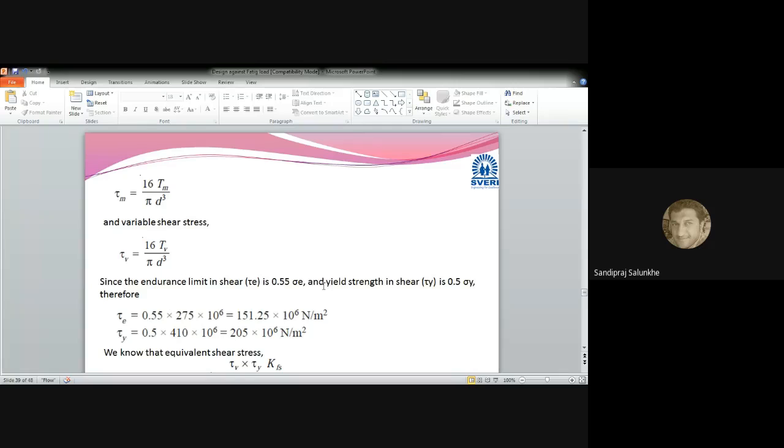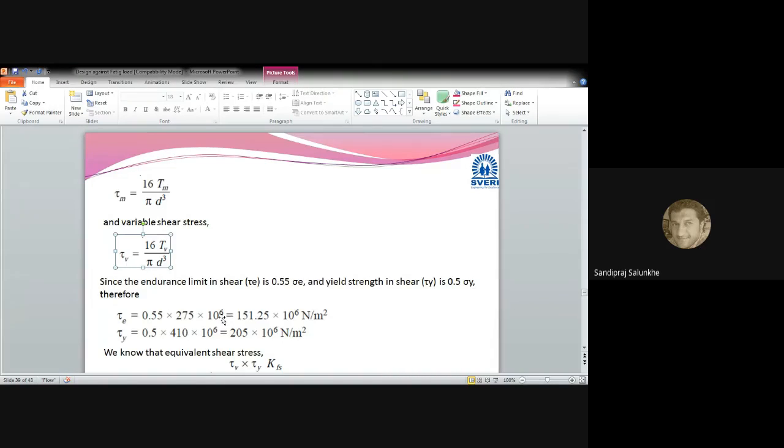Okay, sufficient answers we have got for the T mean. What is the value of T average? Put the value of T average and calculate the average shear stress.